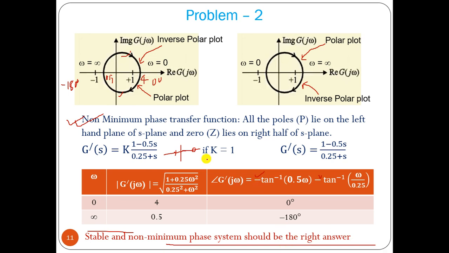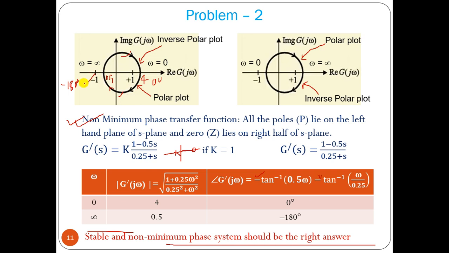This is a stable system because we don't have a pole in the right half plane. Now this is the plot, in the anti-clockwise direction.